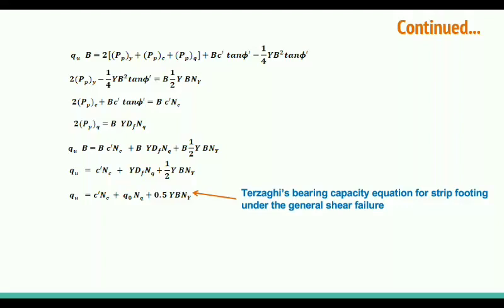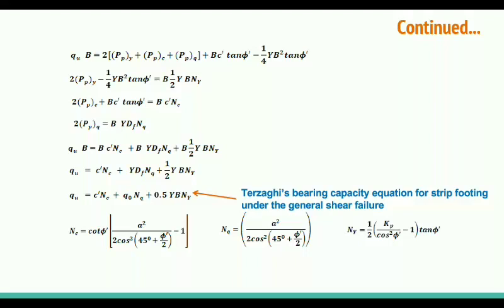Okay, so here qu is the ultimate bearing capacity equation for the strip footing in the case of general shear failure, where Nc is given in terms of phi, where Nq is given, and where N gamma is this.